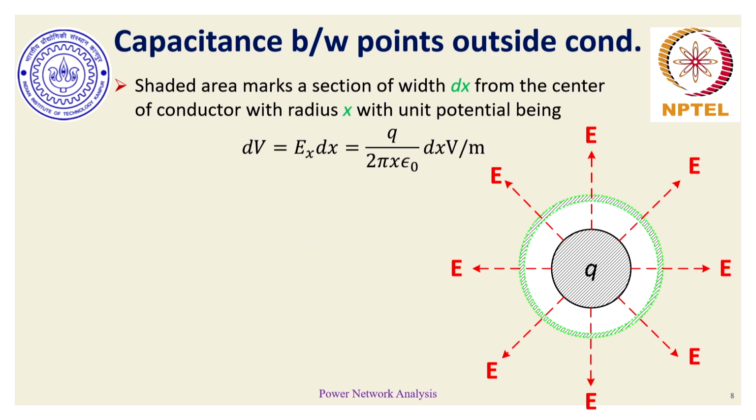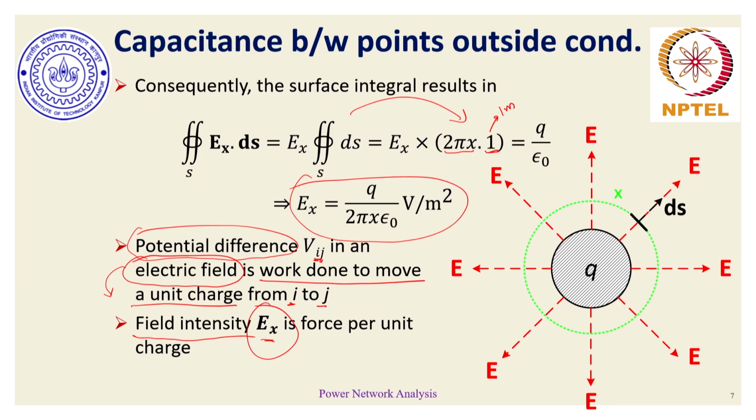In order to find the potential difference, we take a hollow cylindrical tube whose width is dx, and this hollow tube is at a distance x from the center of this charged conductor. As discussed over here, potential difference is the work done to move the unit charge.